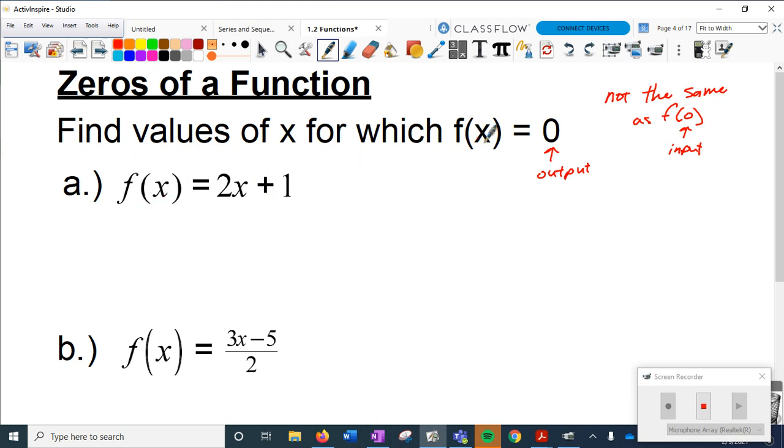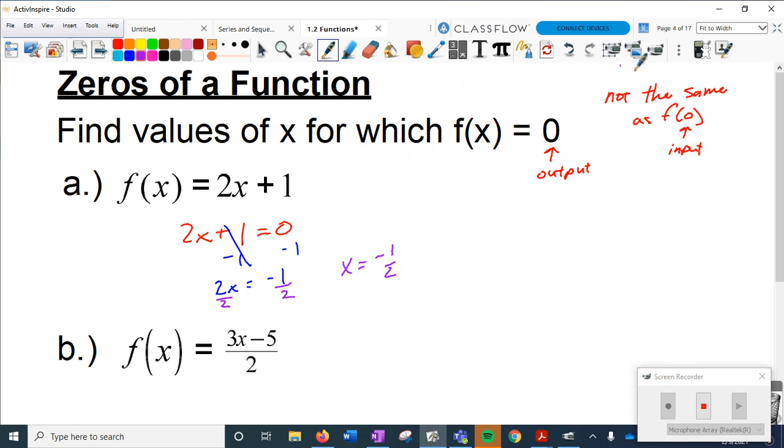So we're going to say 2x plus 1 equals 0, and now we're going to solve like we know how to. We subtract 1 from both sides, and 2x equals -1, and then we divide by 2, so x equals -1/2.